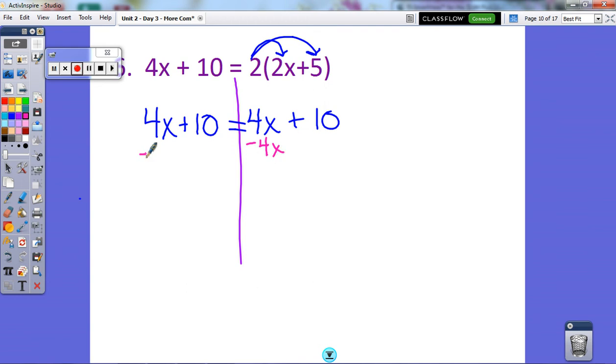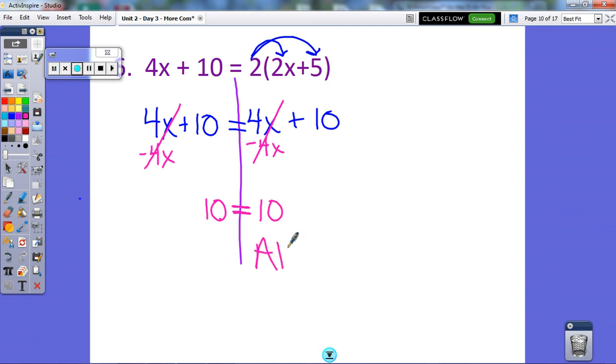I got to do the same thing on both sides. Guys, 4x minus 4x becomes 0, leaving just a 10. And on the other side, it becomes 0, leaving just a 10. Well, does 10 equal 10? Always and forever. Guys, that's a true statement. 10 is always going to equal 10.